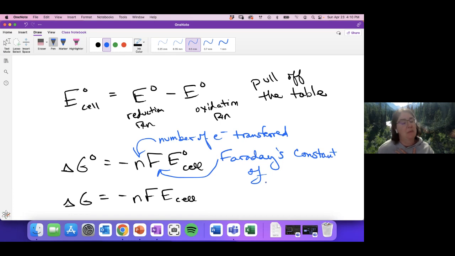Ooh, apparently not feeling fancy. Probably could figure that out by the sweatshirt. But Faraday's constant is on the back page of the exam, and if we actually need it, I'll pull the number.